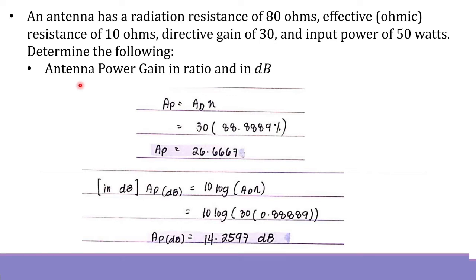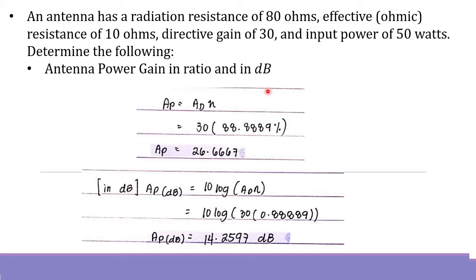So next question would be antenna power gain in ratio and in dB. So we have this formula. Power gain is equal to directive gain multiplied by the efficiency. So we have in the given directive gain of 30 multiplied by 88.8889%, which we will have antenna power gain as 26.6667.